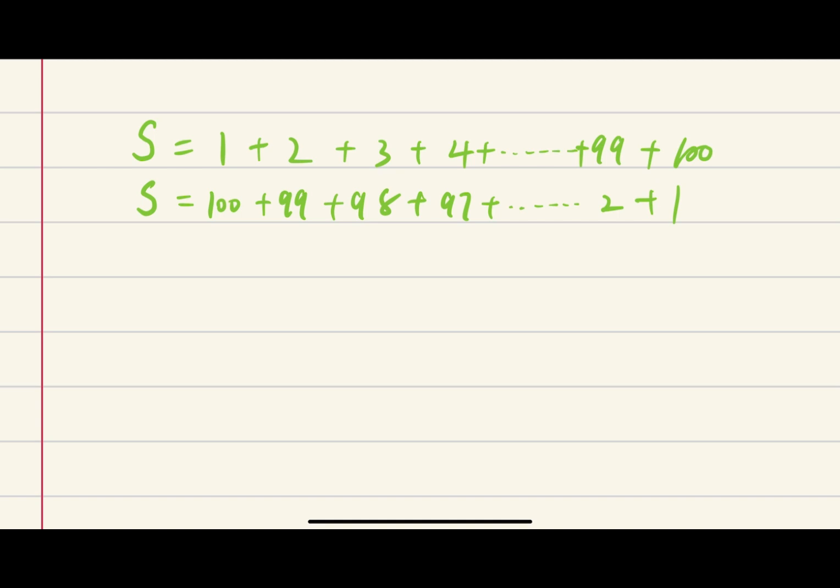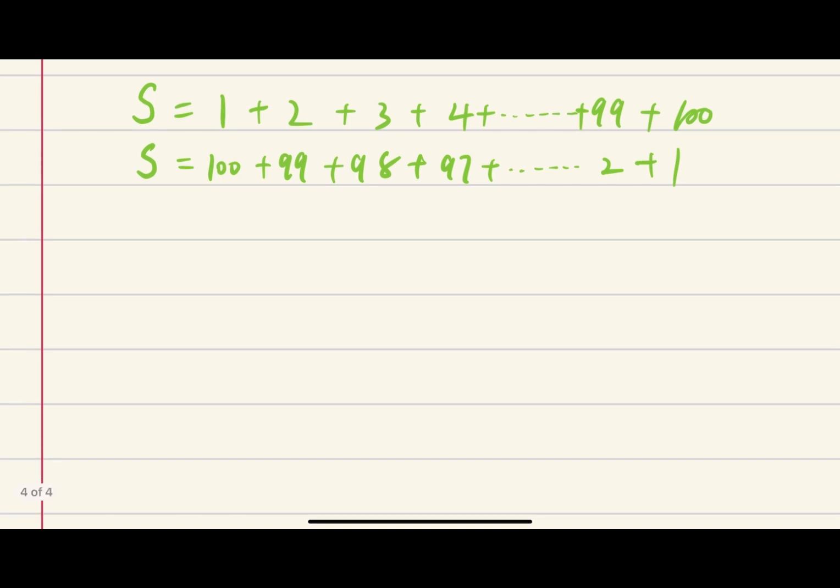Okay, so let's just do that. S plus S is just 2S. So we're going to get 101 plus 101 plus 101 and so on, plus 101. So we're adding a lot of 101s here. And how many 101s are we getting here?